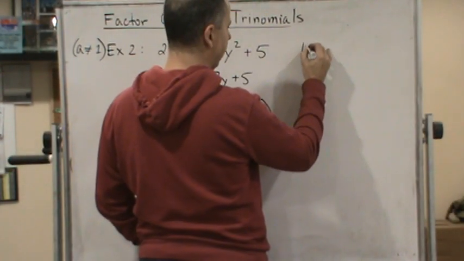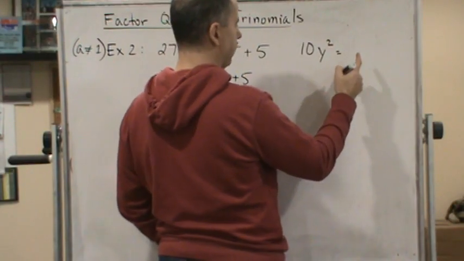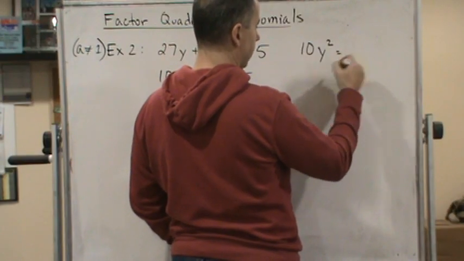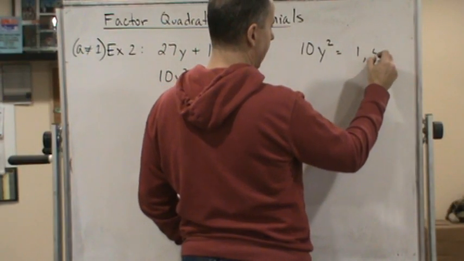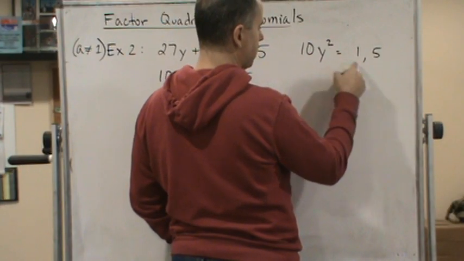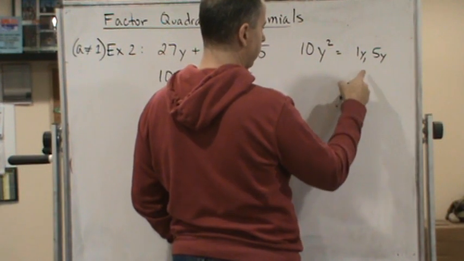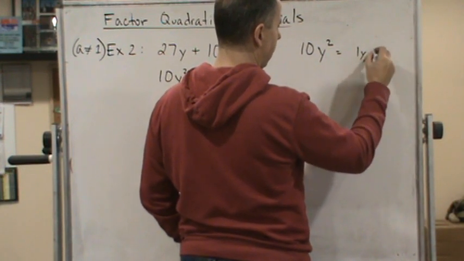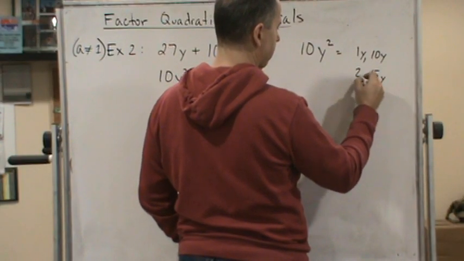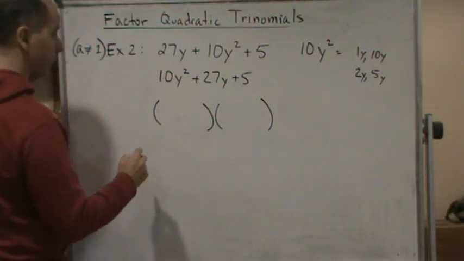Well, the 10y squared, we could factor that into, well, the 10 can be 1 and 10, or we get 2 and 5, right? So those are our possible factors. The y can be split among the two factors.